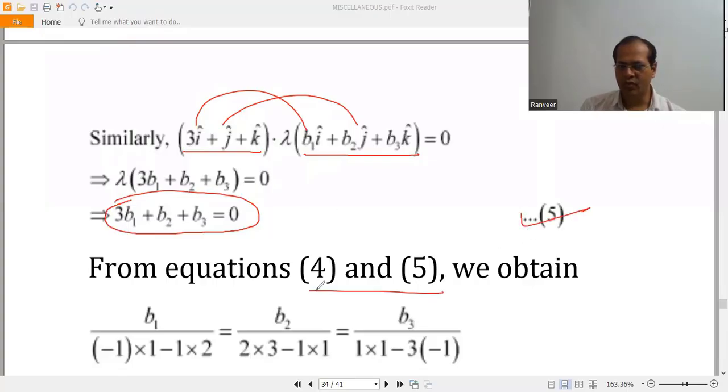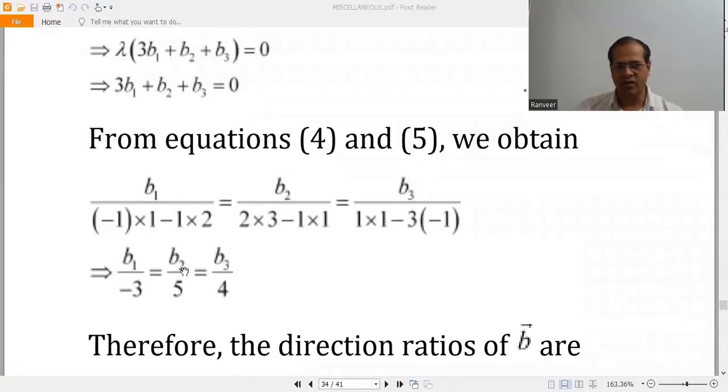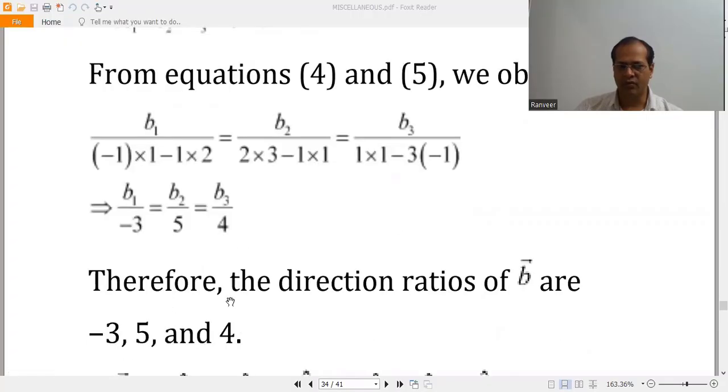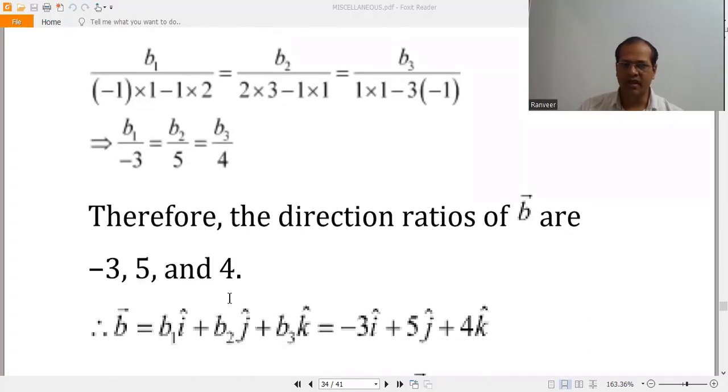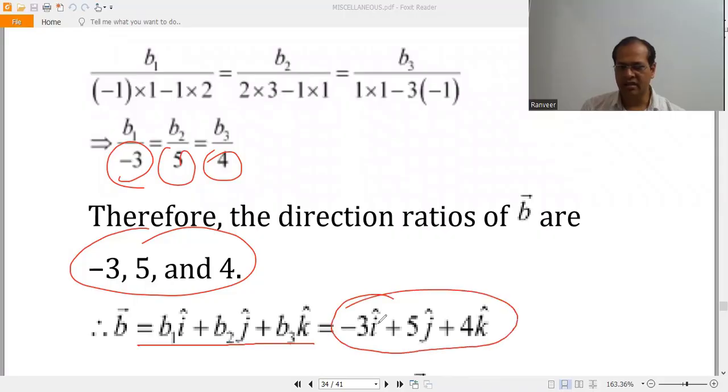From equations 4 and 5, once we solve them by cross multiplication, we can write b1 by minus 3, b2 by 5 and b3 by 4. So the direction ratios of b are minus 3, 5 and 4. So b = b1 i + b2 j + b3 k is minus 3i plus 5j plus 4k.